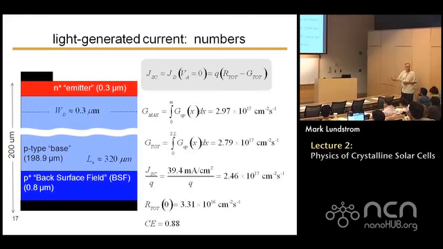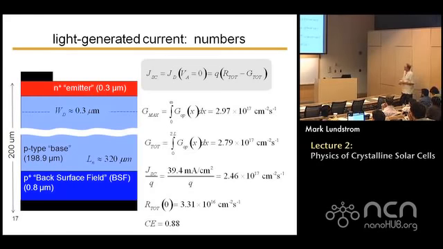If there's anything left over, it reflects off the bottom metal and goes through again. So I do the integral from 0 to 2L. And you can see that I don't quite get every photon that I could. Some of the advanced cell structures where they do this complicated light trapping and they try to get as many bounces as possible, they can get a little more than that. But we only get 2.79 instead of 2.97. So we're giving up some that are weakly absorbed and don't get absorbed in this finite thickness.